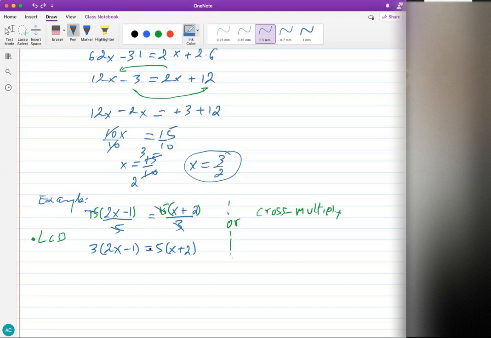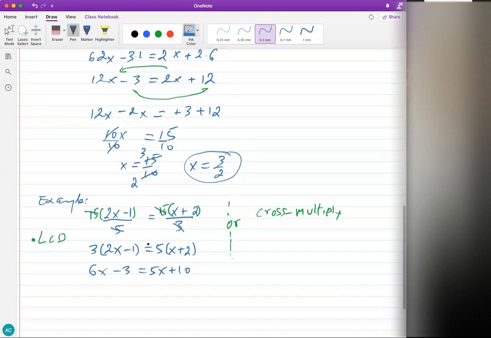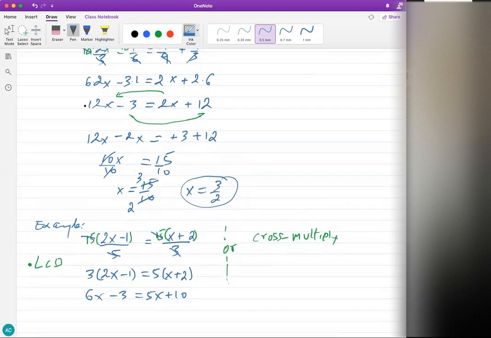How do you get rid of the parentheses again? Distributive property. That's right. We're going to distribute this and this. So this will be 6x minus 3, 5x, and plus 10. Okay, that's good. Parentheses are gone.